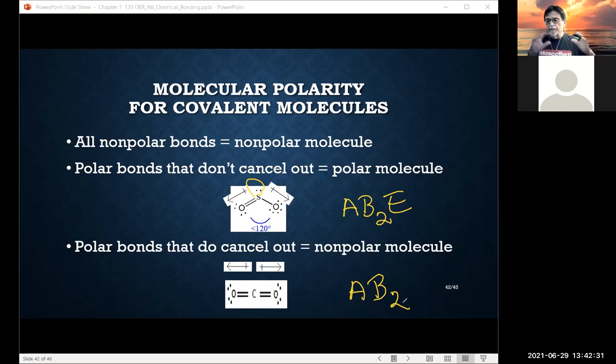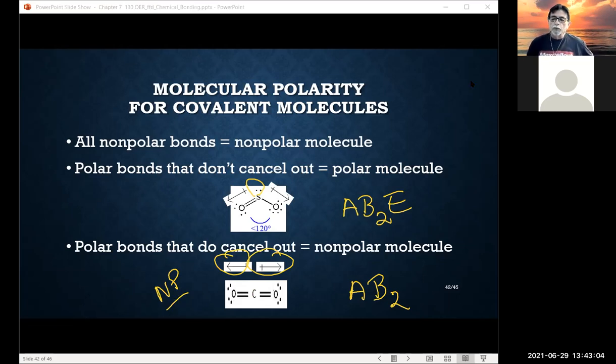Basically that just means they have direction and magnitude, and those arrows represent the same magnitude. One of them goes to the right in the positive direction, and the other one goes to the left in the negative direction. The result is they cancel each other out. Okay, and that results in a non-polar molecule, even though they have polar bonds.